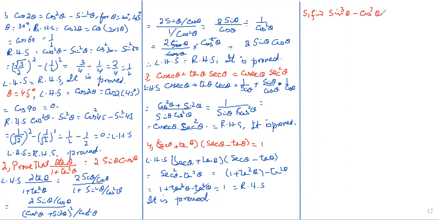Or maybe the question is like that: show that it is equal to sine theta minus cosine theta times 1 plus sine theta cosine theta. So let's start this question by taking its left hand side.